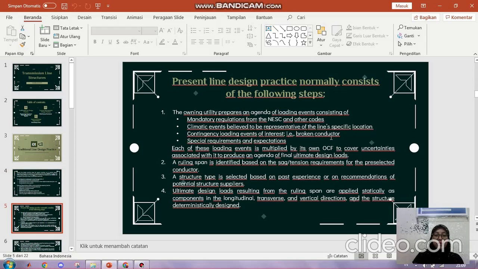Next, the present line design practice normally consists of the following steps.